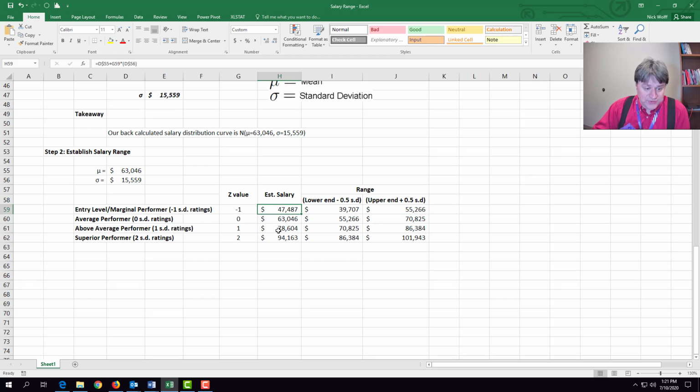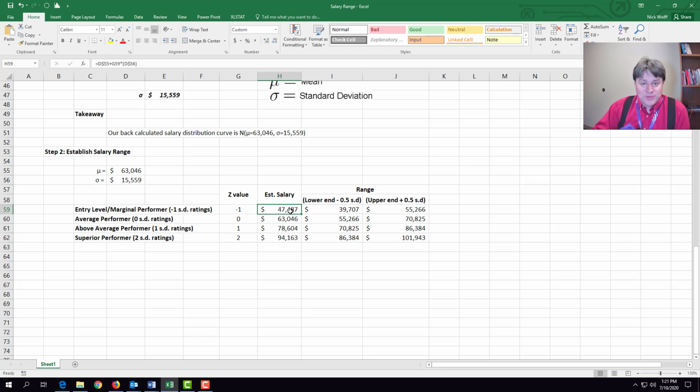Same goes for each of these various other ones. You can see a superior performer, which has performance ratings 2 standard deviations above the mean, would have an average salary of $94,163.